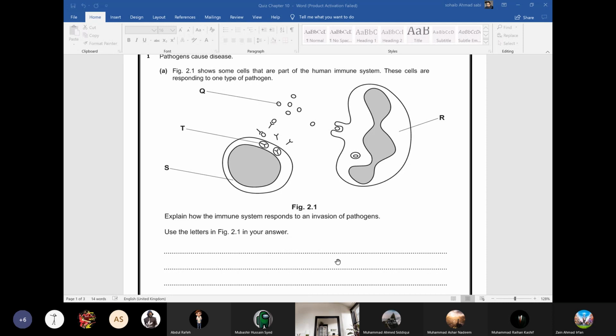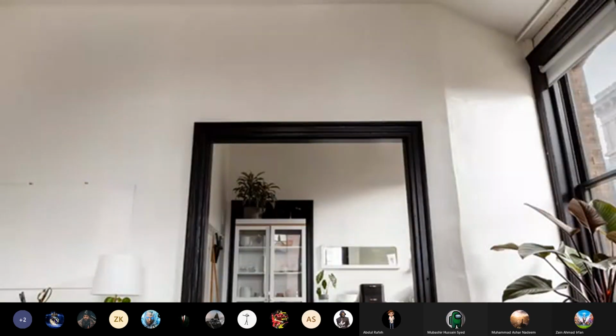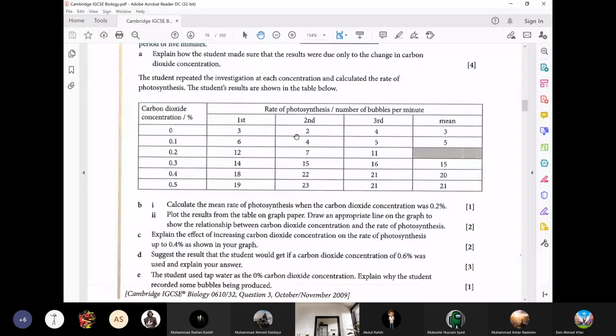Yeah, let me show you guys. Look here, all these are filled. This one is left. You have to do this one, right? So this is the mean. So what you will do, you will count them all, divide by 3, and you will get the mean, right?